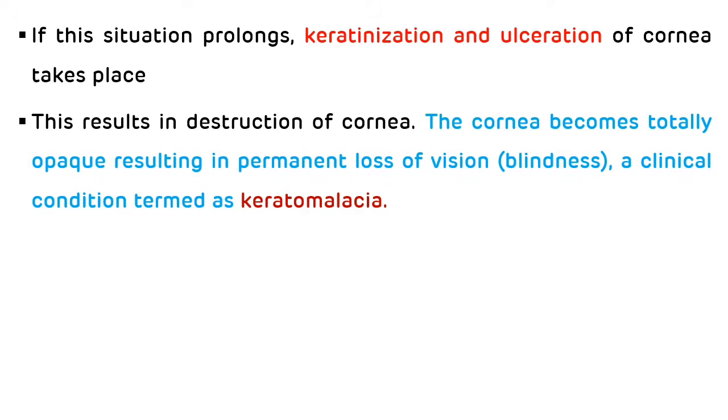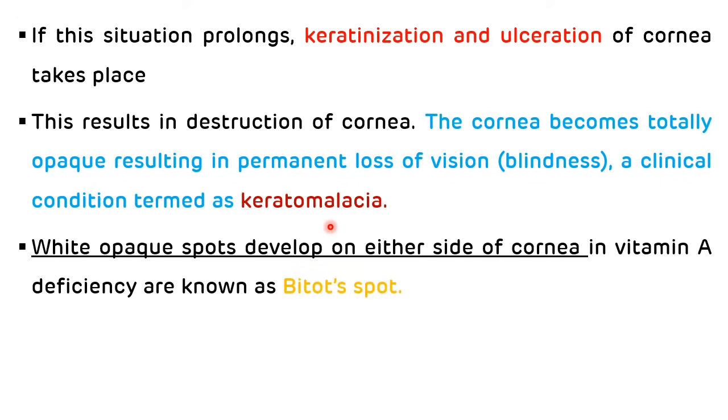The cornea becomes totally opaque, resulting in the permanent loss of vision that leads to blindness. And the clinical condition is termed keratomalacia, that is softening of cornea. And the white opaque spot which develops on either side of the cornea in vitamin A deficiency is known as a Bitot spot.